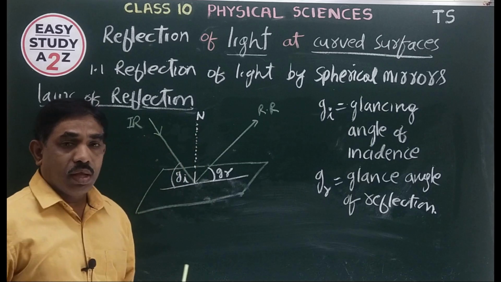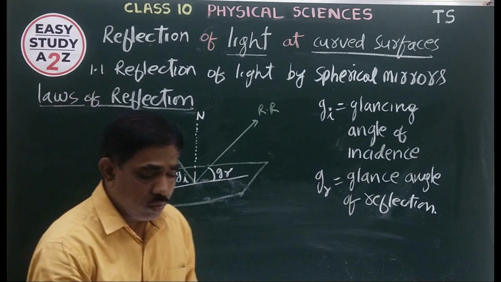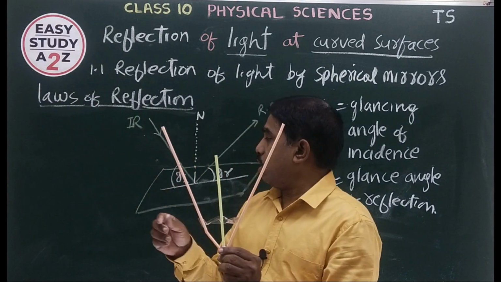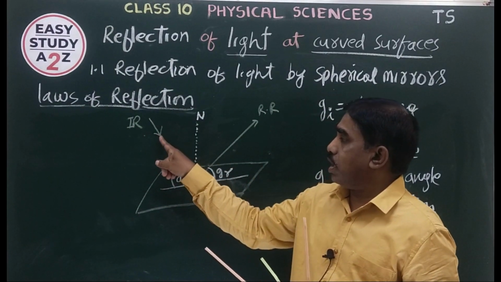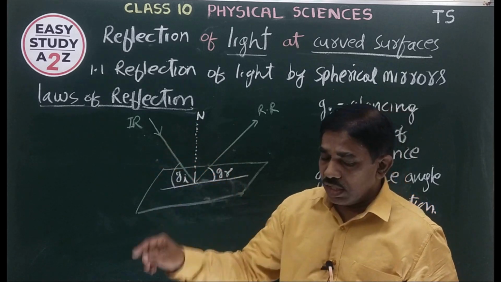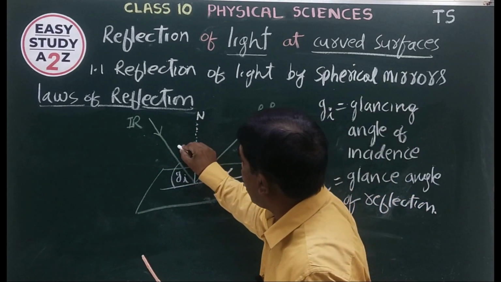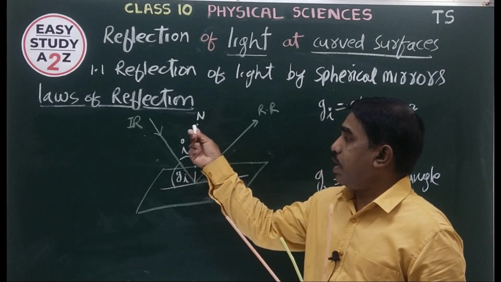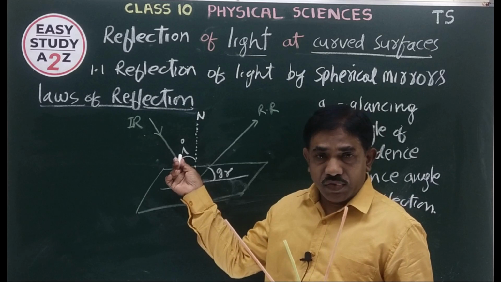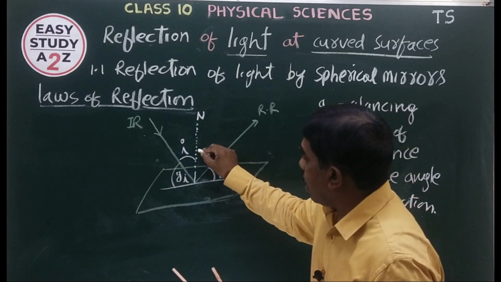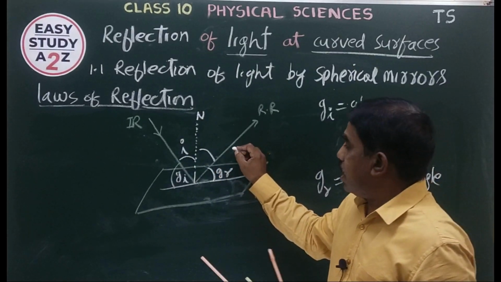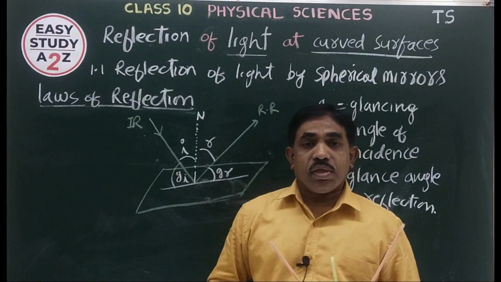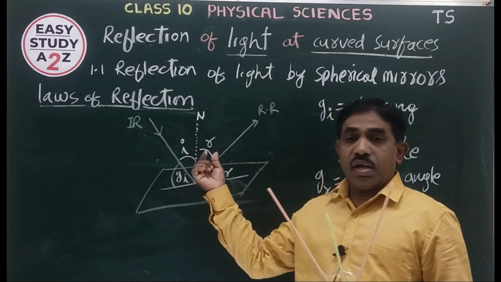Now, the angle between the normal and the incident ray is called the angle of incidence, I. The angle between the normal and the reflected ray is called the angle of reflection, R. The angle of incidence is equal to the angle of reflection.